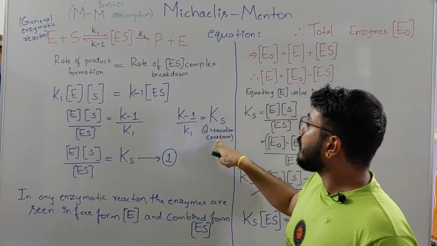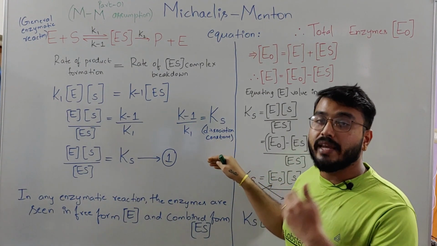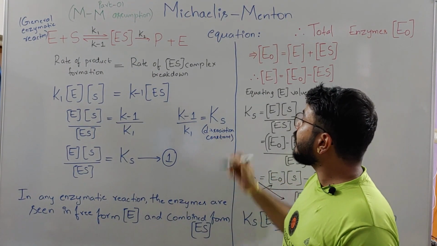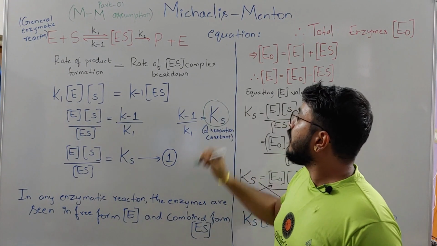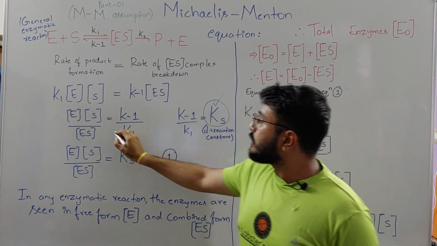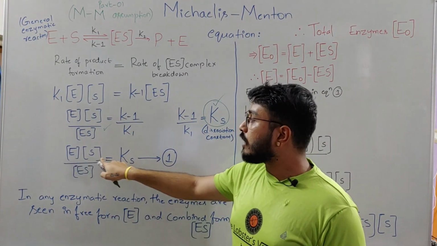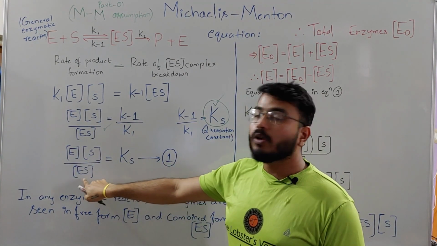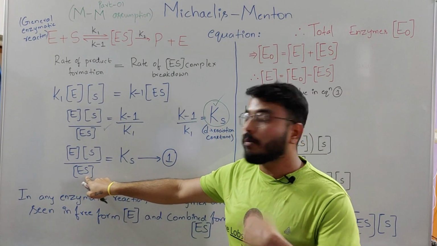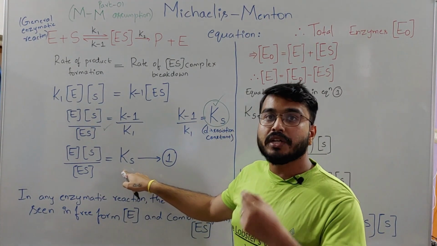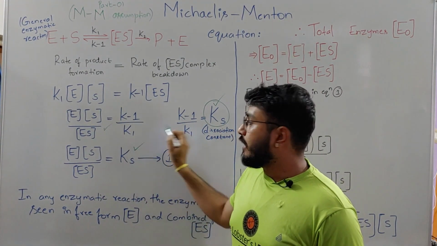That is nothing but the dissociation constant of any given chemical reaction, and that can be written as Ks. Now substituting Ks in the same equation, we get the molar concentration of enzyme into molar concentration of the substrate divided by molar concentration of the enzyme substrate complex, which is equal to the dissociation constant, that is Ks.